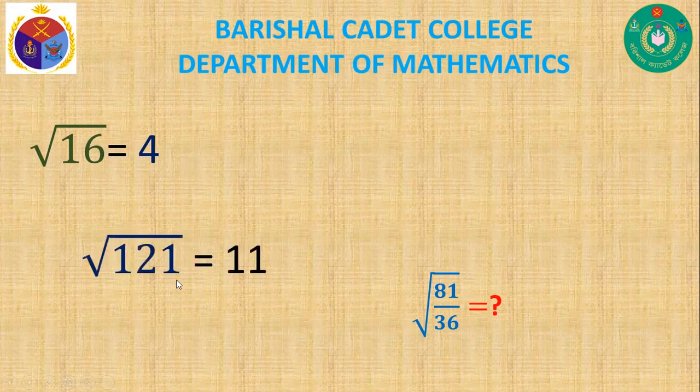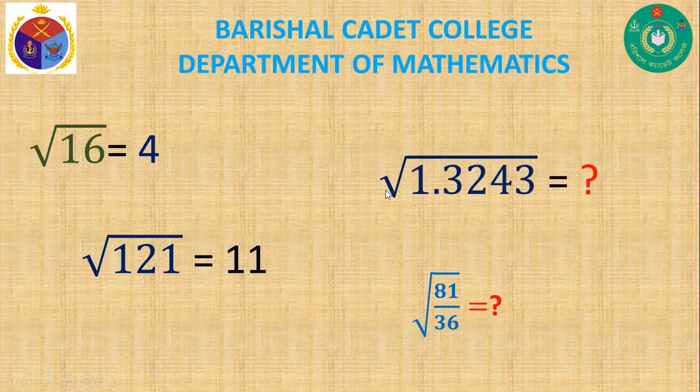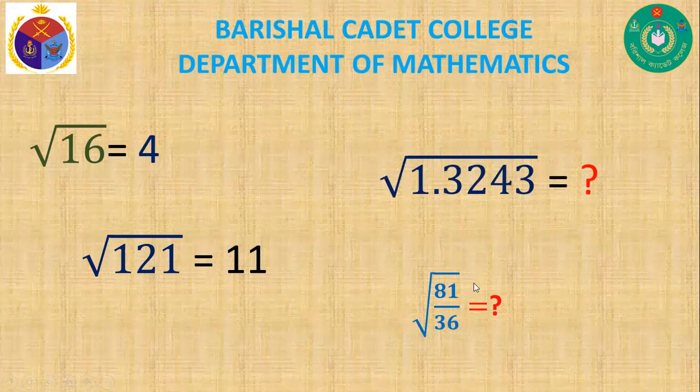Again, if I ask what is the square root of 121, then easily you can say 11. But if I ask what is the square root of 1.3243, then it is quite tough. Similarly, root over 81 divided by 36, the result of this portion is also a little bit tough.